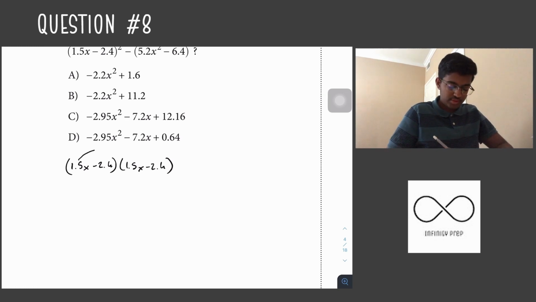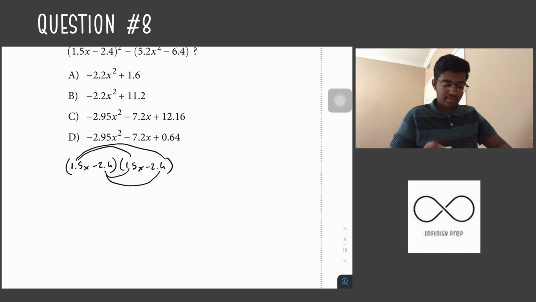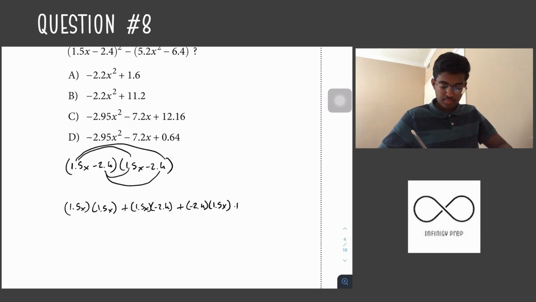To solve this, we simply FOIL: 1.5x times 1.5x, plus 1.5x times negative 2.4, plus negative 2.4 times 1.5x, plus negative 2.4 times negative 2.4.